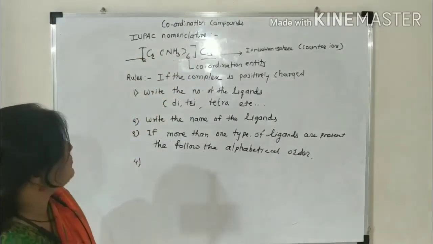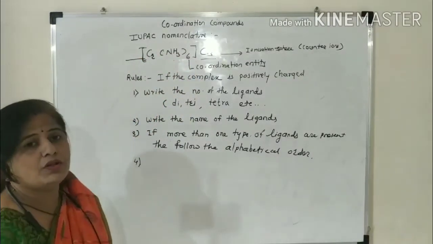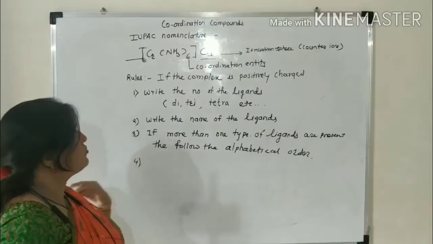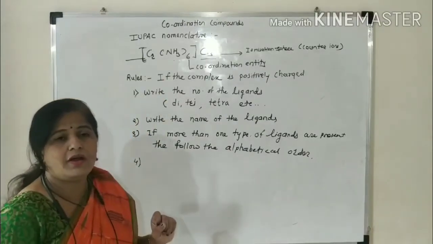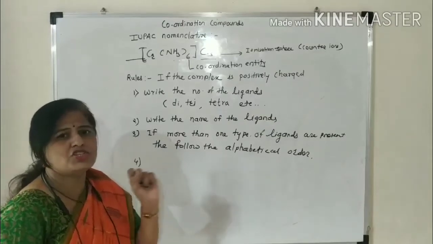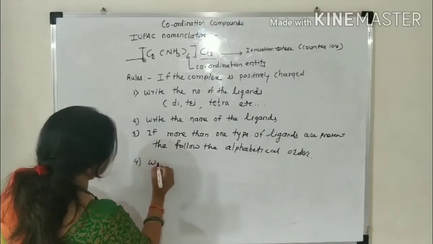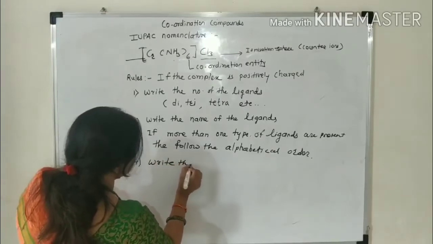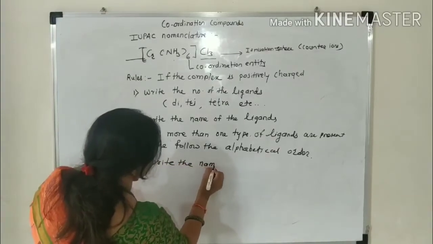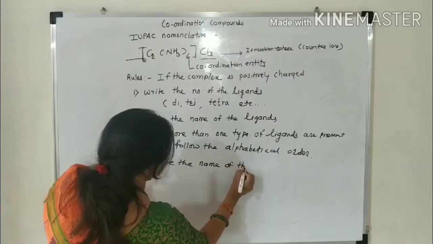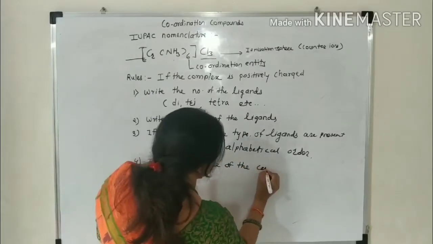Okay. Then lastly, you have to write down the oxidation state of the central metal atom. You have to calculate the oxidation state of the central metal atom. Fourth step is write the name of the central metal ion.